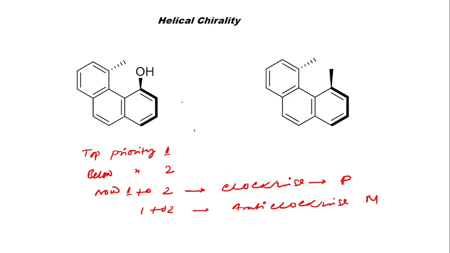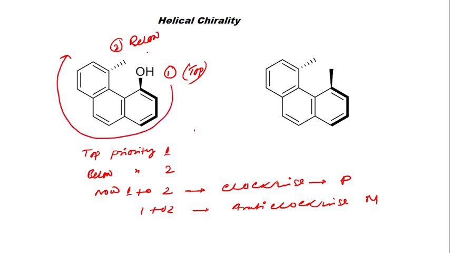Okay, so this is 1 at the top, this is 2, that is below. We'll go 1 to 2 along the molecular axis, not in this way. So 1 to 2, here we find this is clockwise.